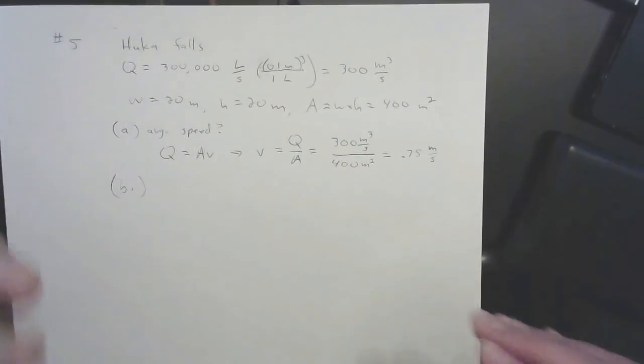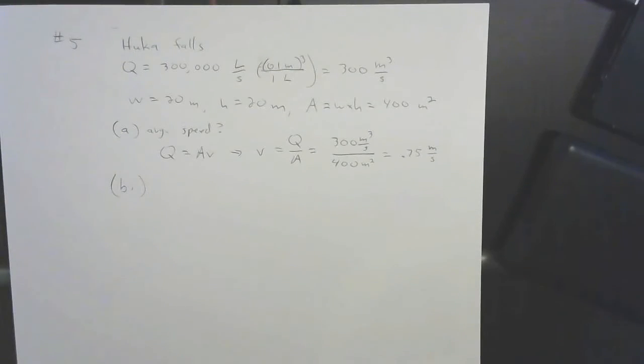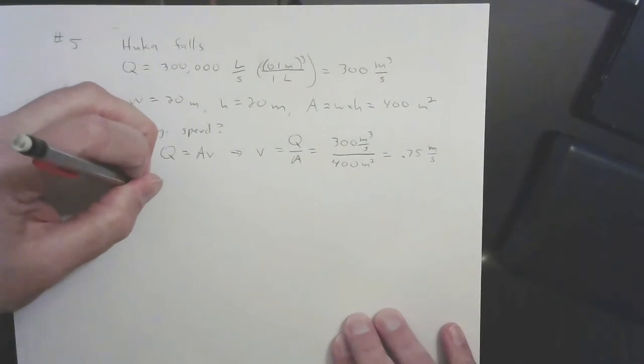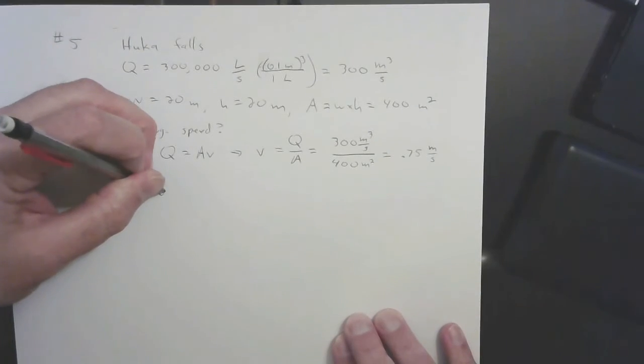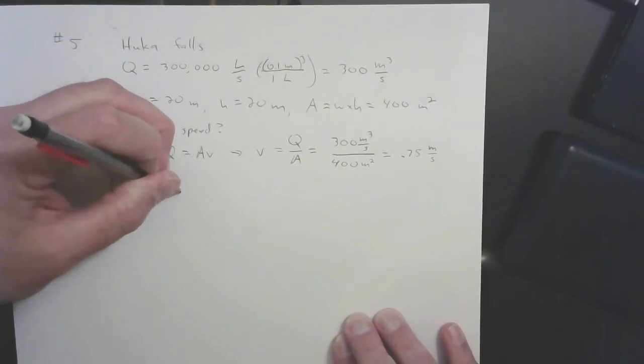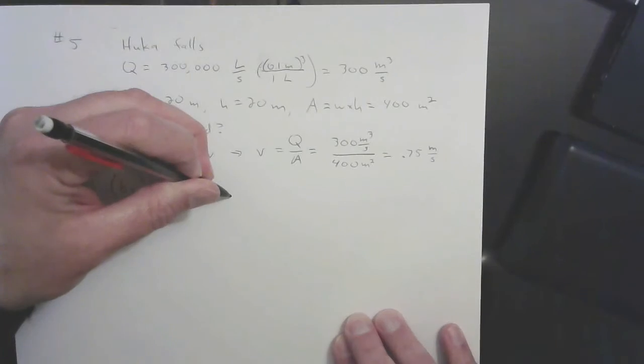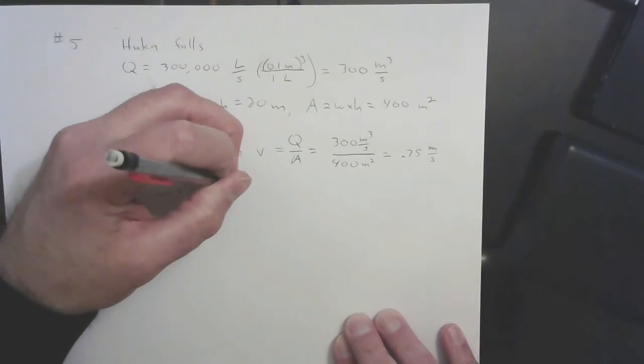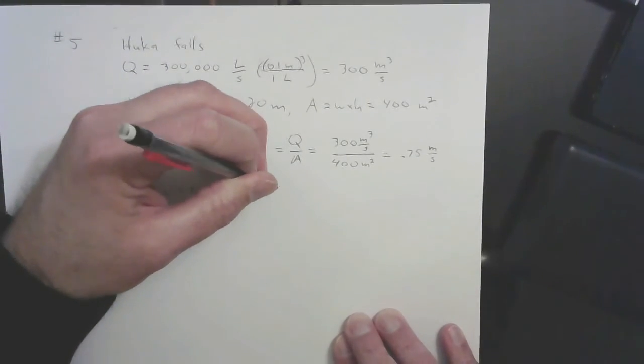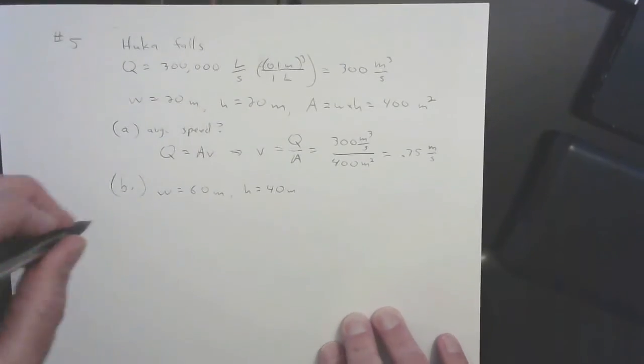Then problem B. What if you go downstream? There's the waterfall, and then it goes back into the normal sized riverbed, and the width there is 60 meters and the depth is about 40 meters.